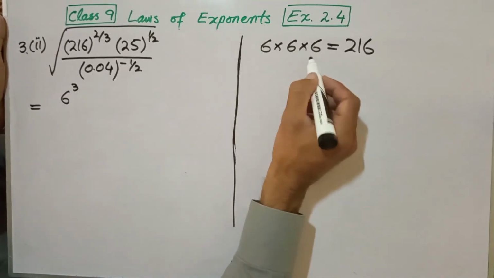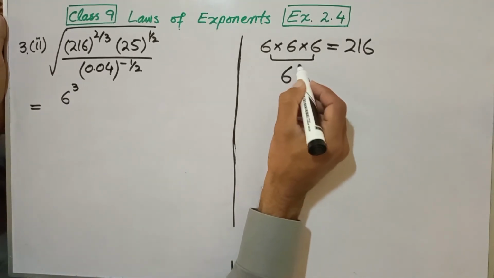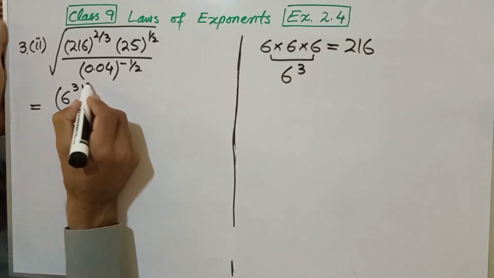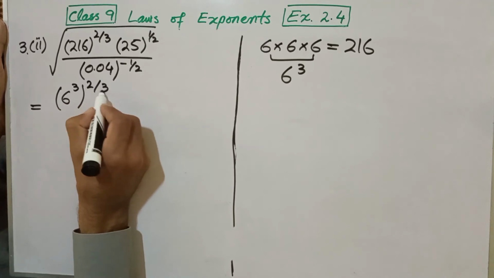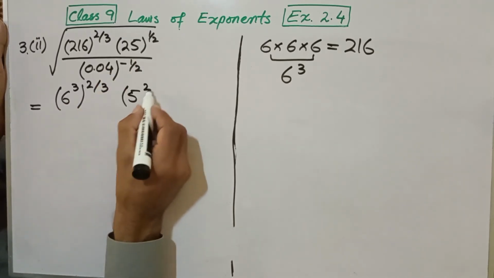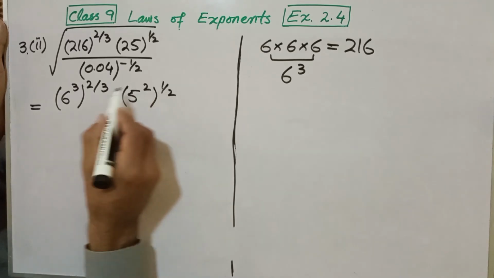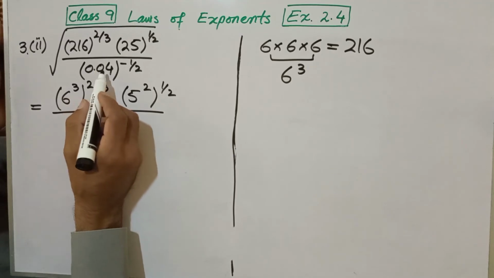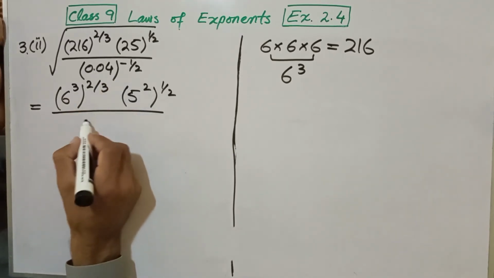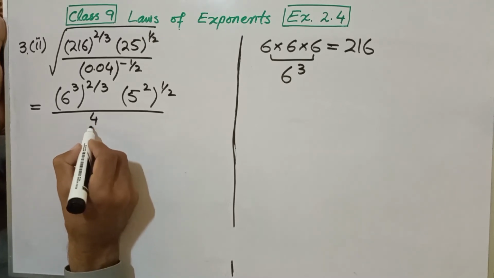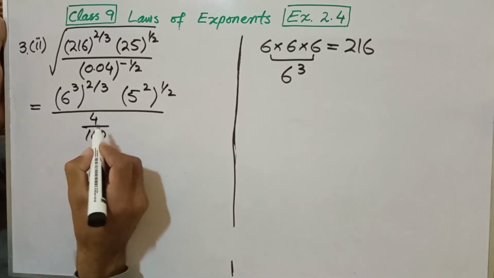So this can be written as 6 cube whole power 2 by 3, and 25 can be written as 5 square whole 1 over 2, and we'll write this decimal form in the fraction form by writing it as 4 by 100.